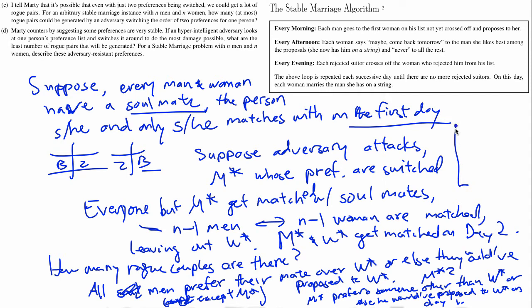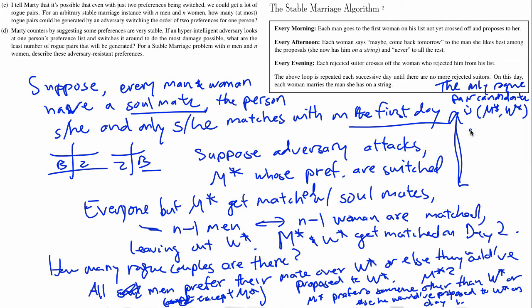Based on everything, the only rogue pair candidate is M star, W star.